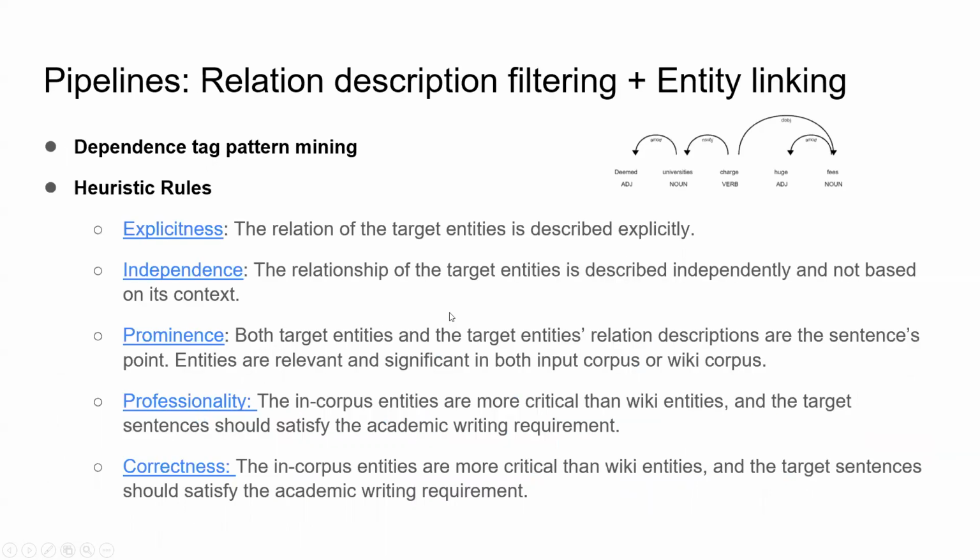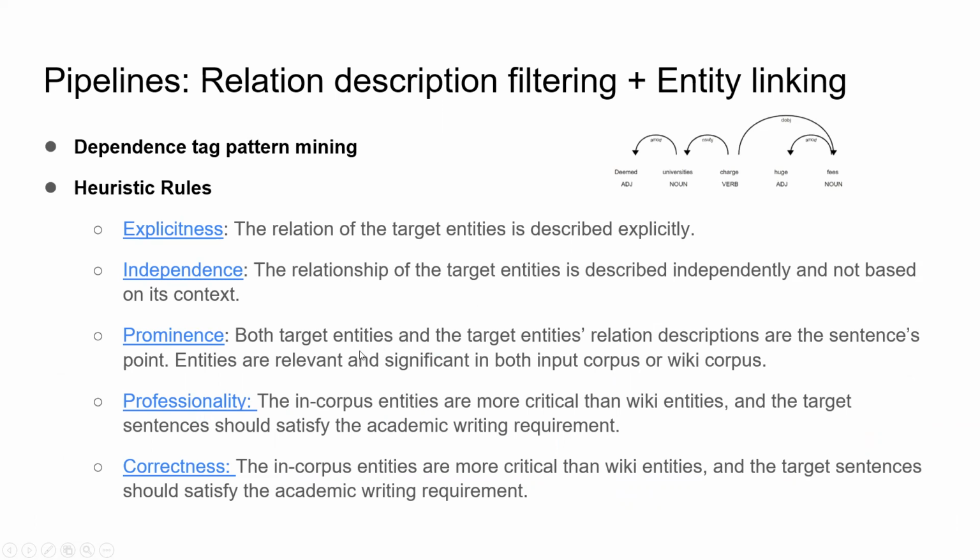Briefly speaking, first, we preprocess the data and utilize POS tagging combined with dependency parsing to get the most frequent dependency tag patterns. Then, we utilize some heuristic rules to control the sentence format. All the requirements are listed in the slide and can be satisfied by utilizing the spaCy library.